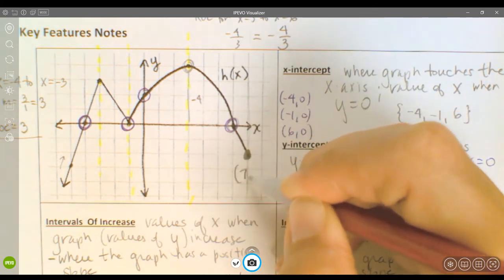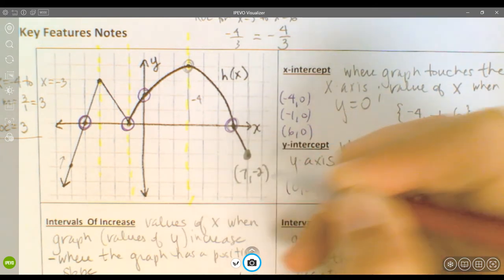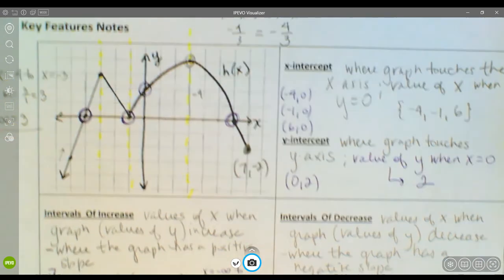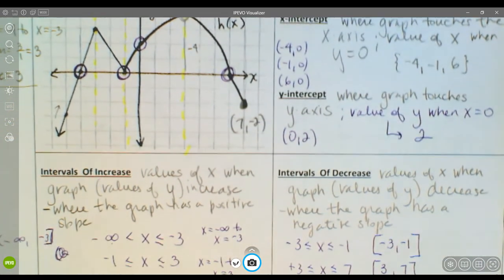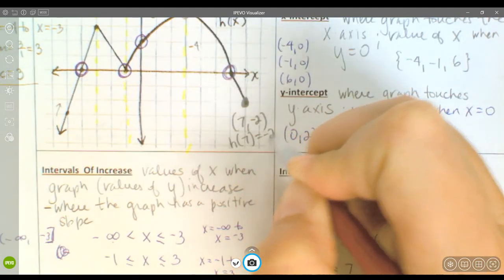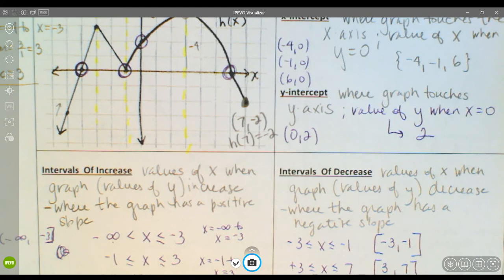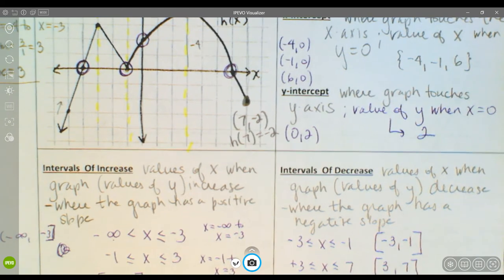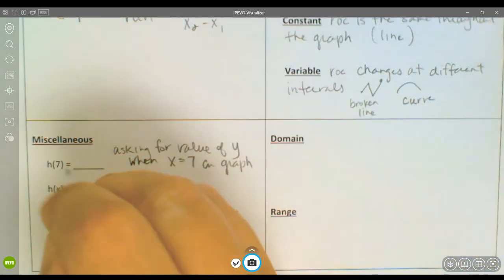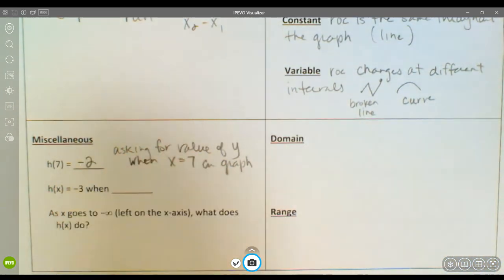That ordered pair is 7, -2. So when x is 7, y is -2. Therefore, h of 7 equals -2.